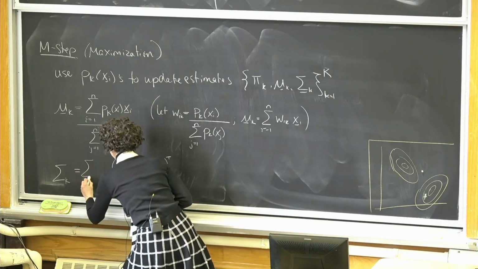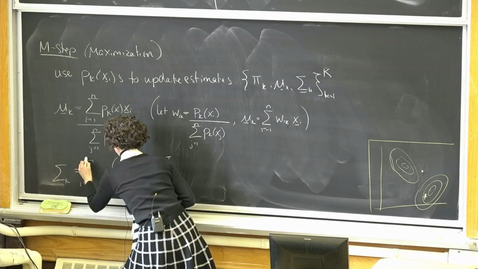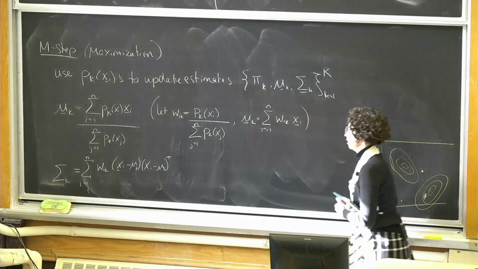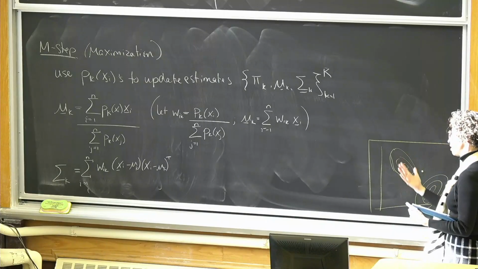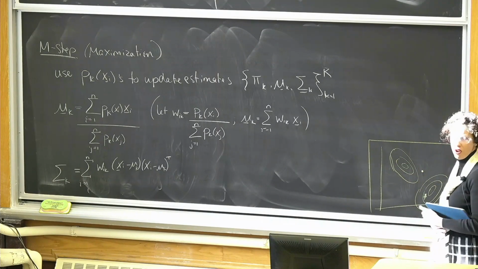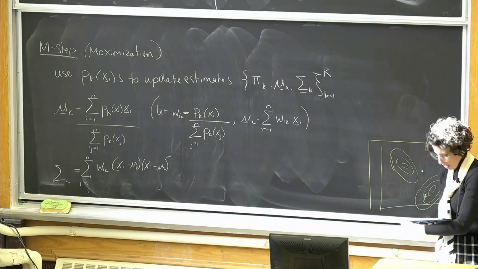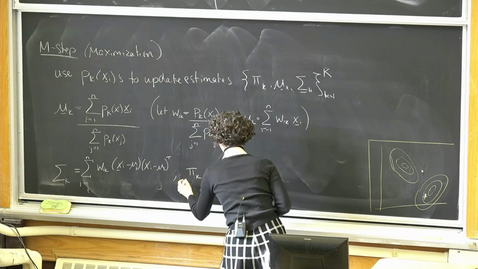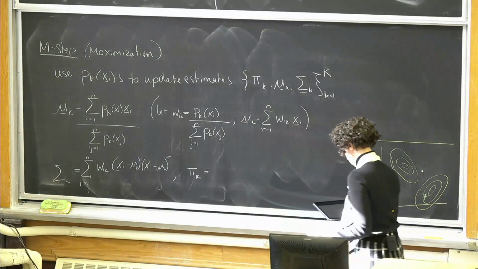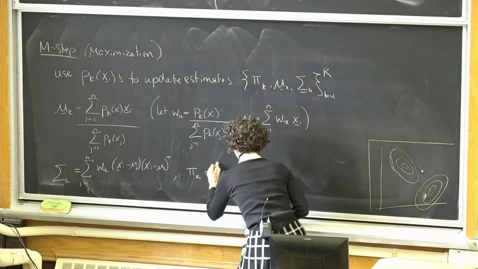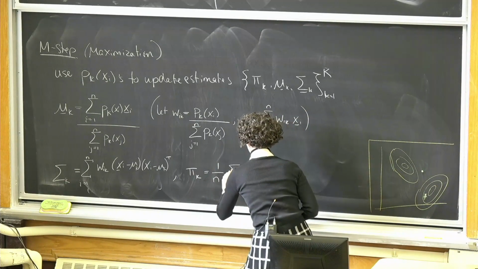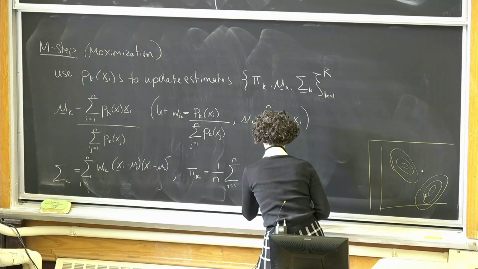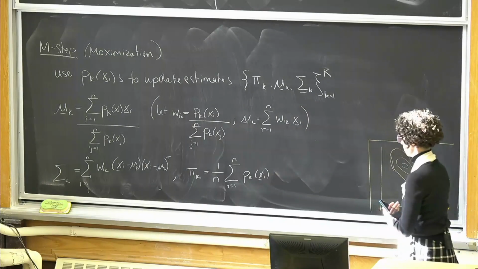So we are going to have the sum from i equals 1 to n, and again we're going to have this weight w_ik. So instead of doing a regular sum, we're doing a weighted sum to estimate the covariance matrix for each one of our Gaussians. And then finally, we need to estimate our pi_k's, the weights for each of the Gaussians. And for that, we are going to look at the sum from i equals 1 to n of p_k(x_i), these responsibilities.